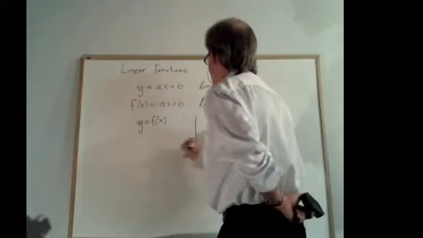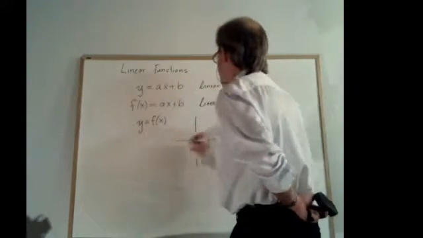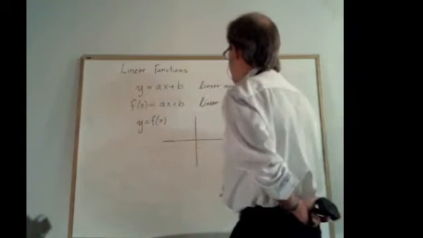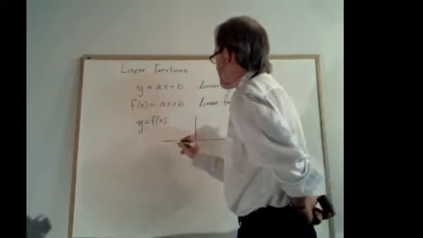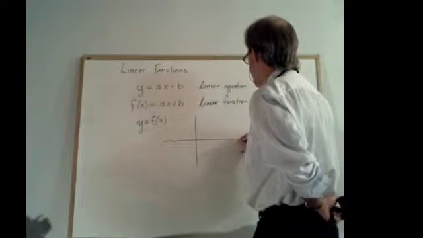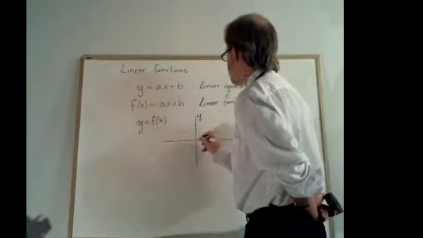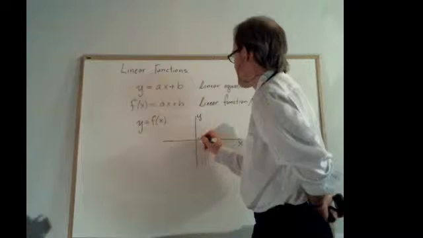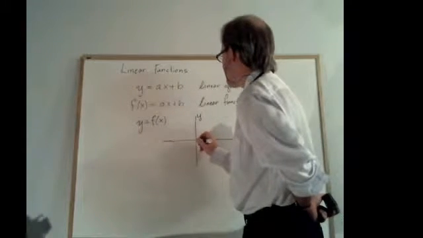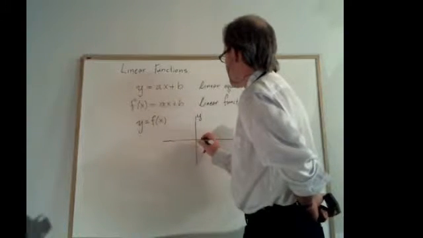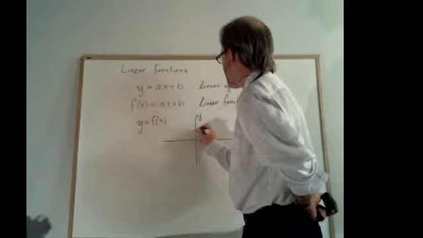Okay, so a linear equation will be shown on a graph by a straight line. That's very general, so that's true for all linear equations. Here you'll have the specific features of the graph.